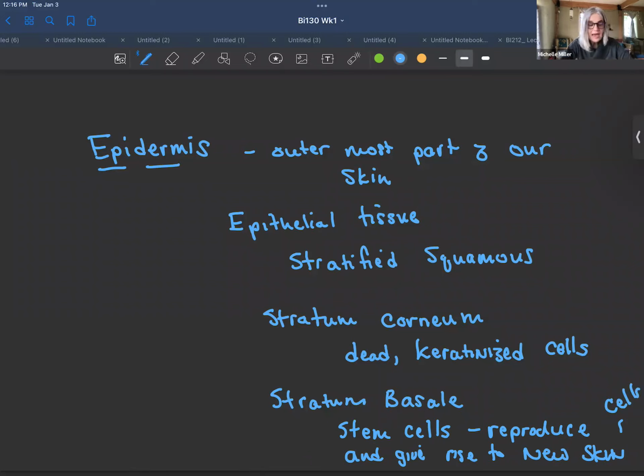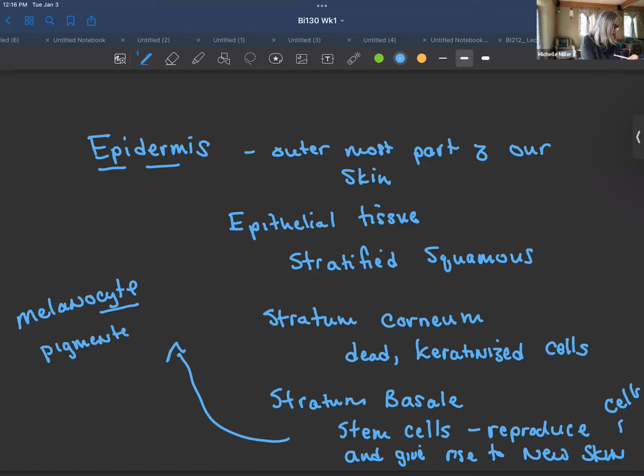This is also where we have special cells, which I'll put right up here, which are called melanocytes. So cyte means cell in this case, and melano means melanin. So these are our pigment cells. So these are the ones that give our skin its color.